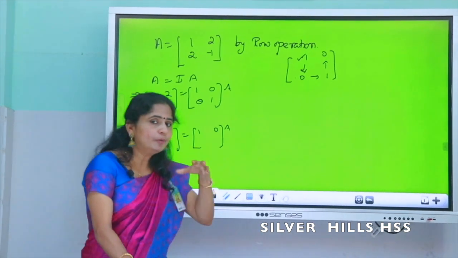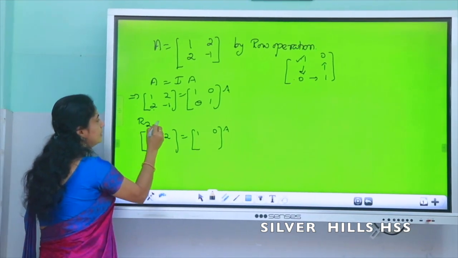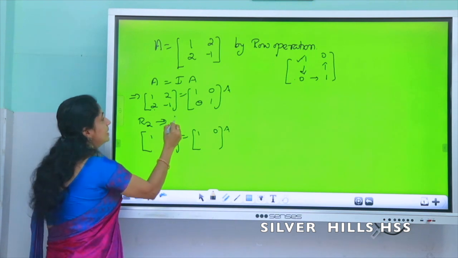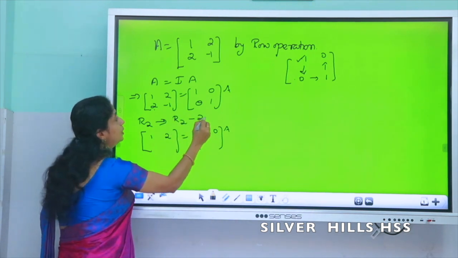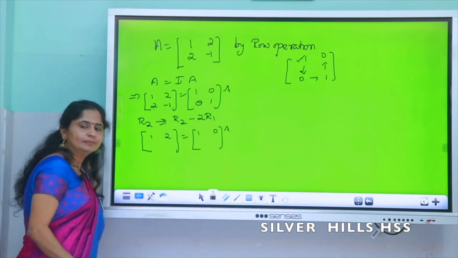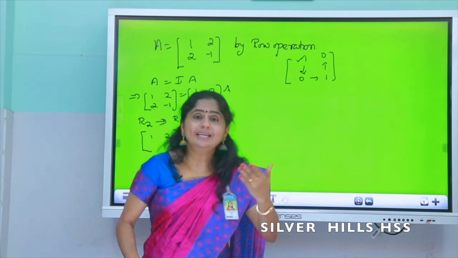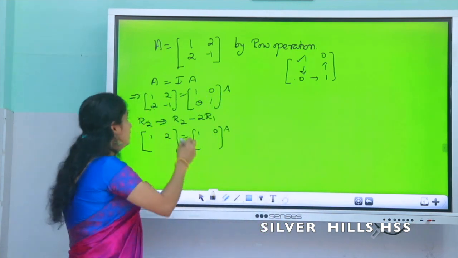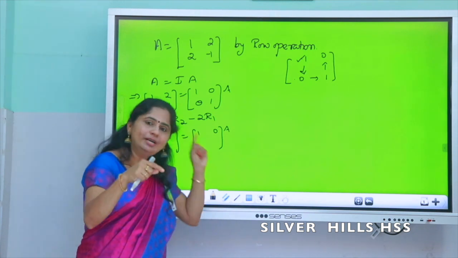So, how do we put it in the operation language? The second row is going to be transformed as the second row minus 2 into the first row. R2 is going to be written as R2 minus 2 into R1, because here 2 is there, I should get minus 2. 1 is already there.